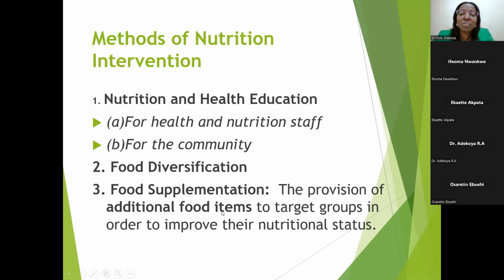If the people know about food, but they don't have health education, they're not well trained on how to maintain proper hygiene. Maybe their source of water is contaminated and they prepare the food with contaminated water and they have infection.